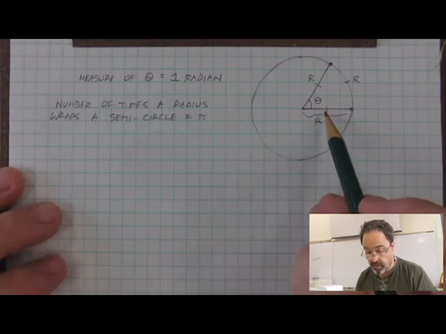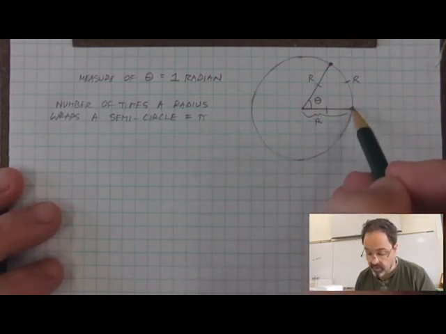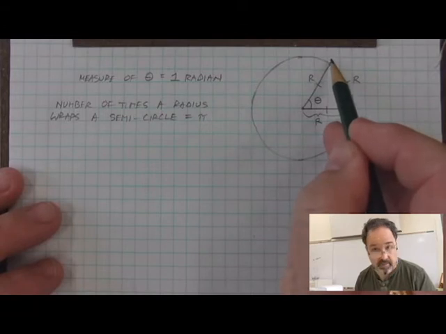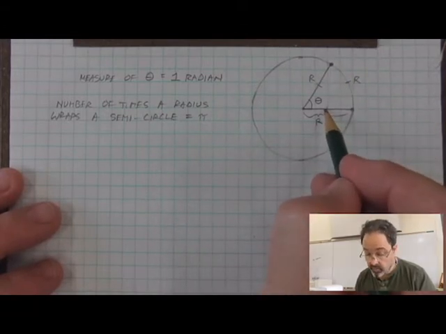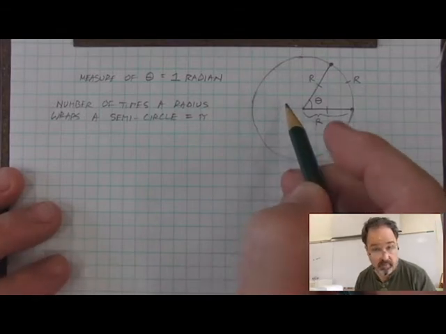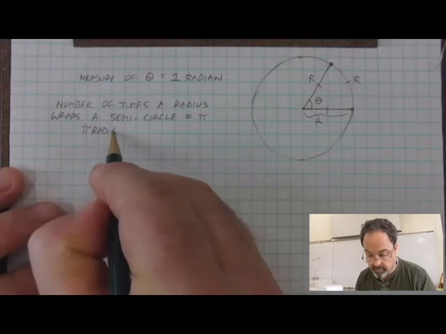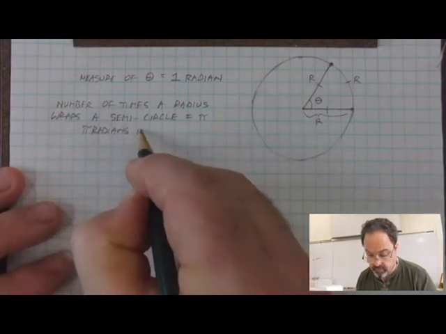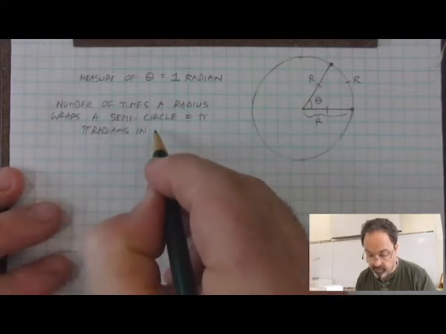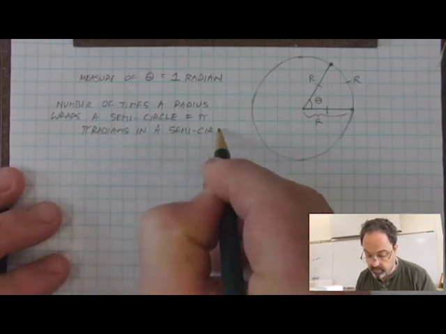So if a radian measure is defined as the angle opening of 1 radius, then the number of radians in a half a circle is equal to pi. There are pi radians of angle measure in a semicircle.